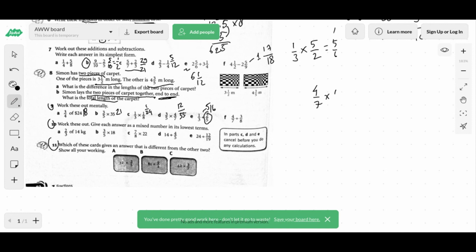And what will be the final answer for that? 4 times 8, how much, Dim? 32 over 21. Right? Can you change it into a mixed fraction?